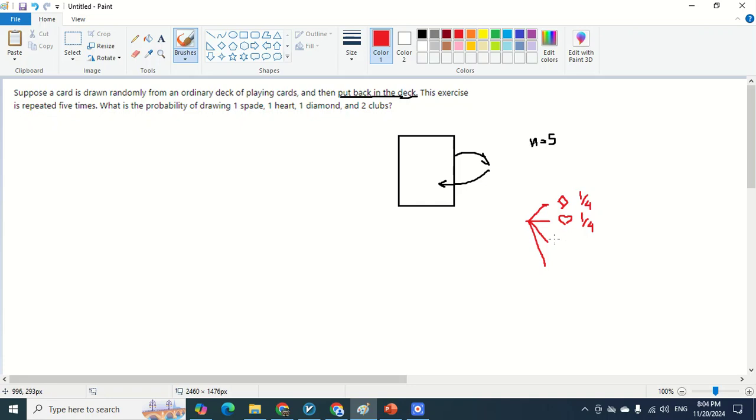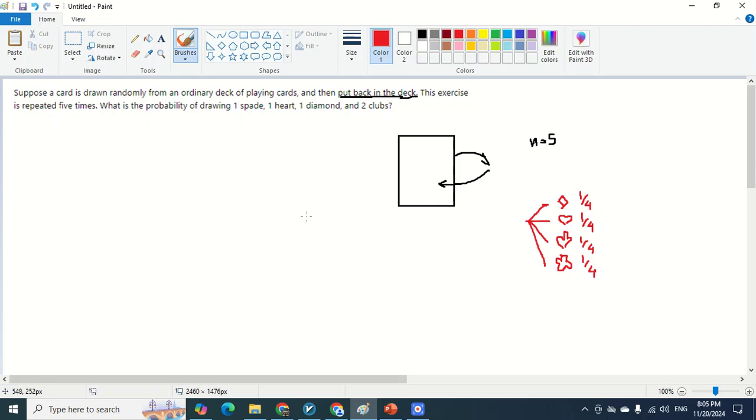For the spade as well, the probability is 1/4, and at the end for the clubs as well, the shape is like this. I hope that I can sketch it well. It is 1/4, and this probability is the same each time, constant, invariant, and this type of statistical experiment is totally independent from each other.